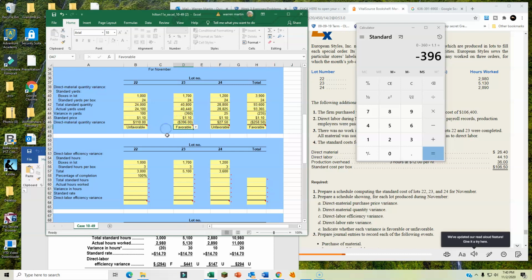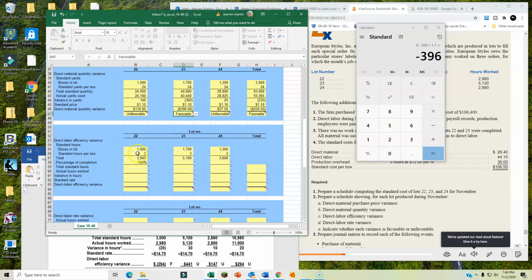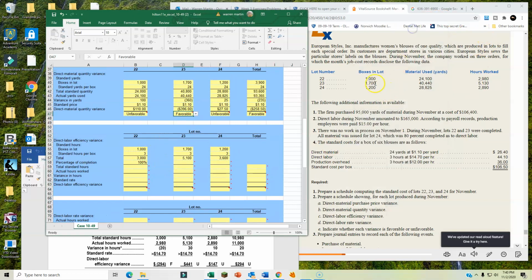All right, and so back down here, this is similar to the other section. You're going to get your boxes. You're going to have your hours right here. Direct labor, 3 hours. And then because we know that it was 100% completed, the work, that's why we do that number there.